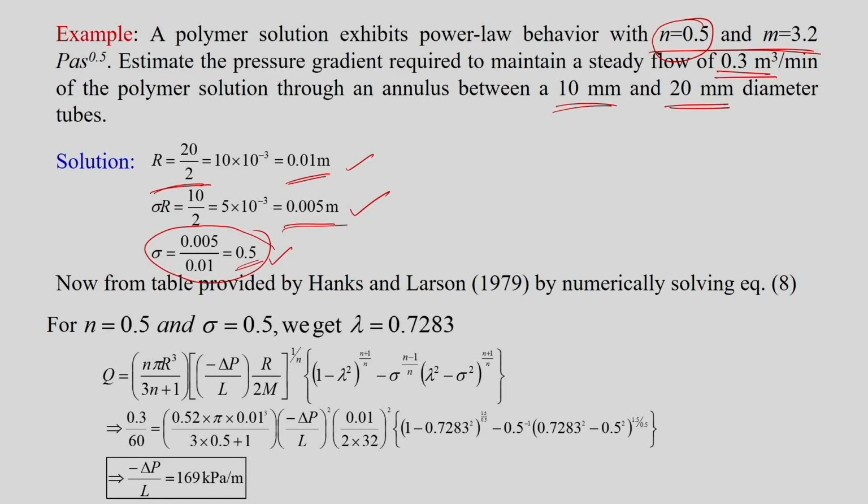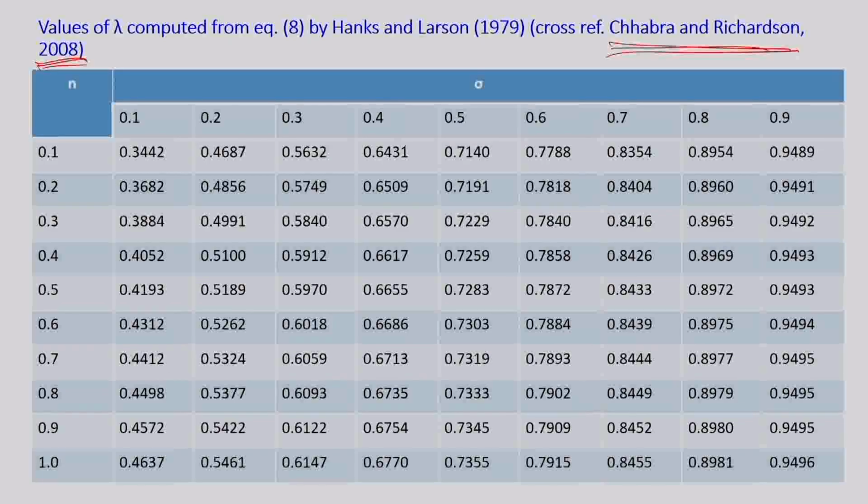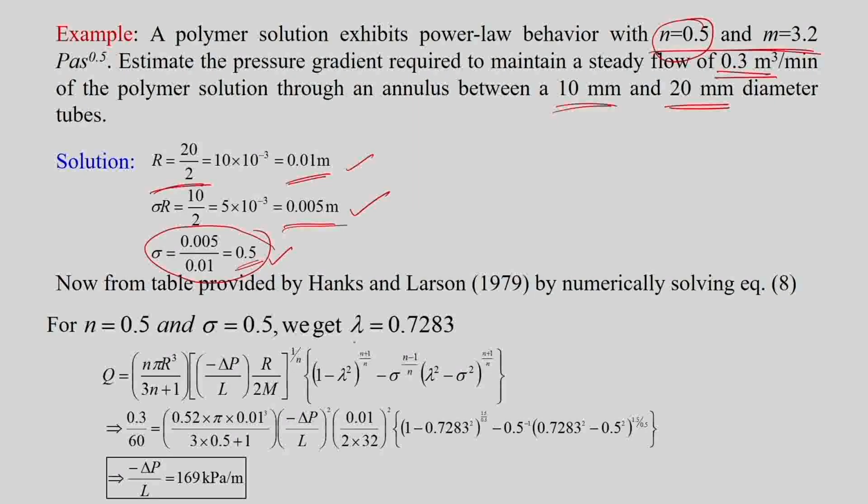From the table given by Hanks and Larsen, we have to find the corresponding value of lambda. When sigma is 0.5 and n is 0.5, the lambda value is 0.7283. When you make use of this lambda value, you can solve this equation. The corresponding volumetric flow rate expression according to the Hanks and Larsen solution is given here.